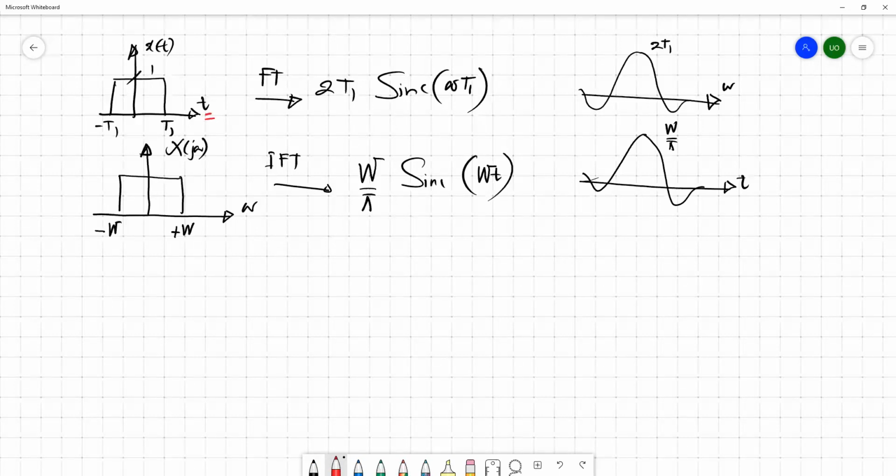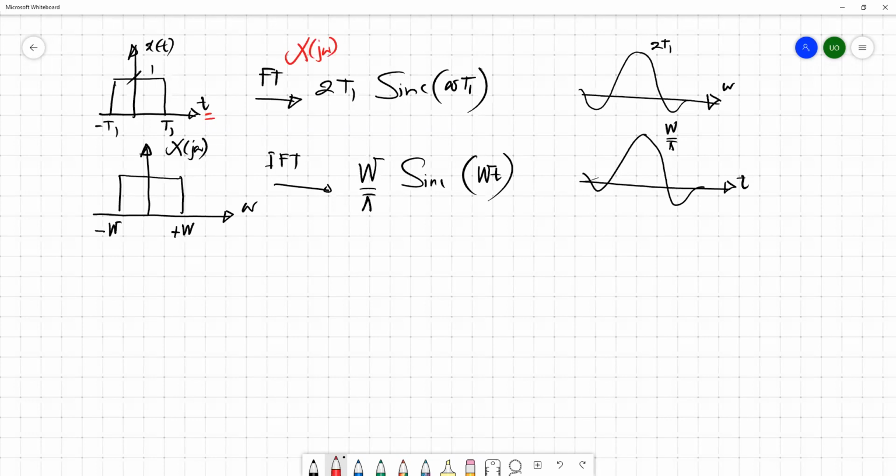Then we applied the Fourier transform and found that the Fourier transform X(j omega) is a sinc function having this amplitude, and the pattern would be omega T. So this is the pattern.